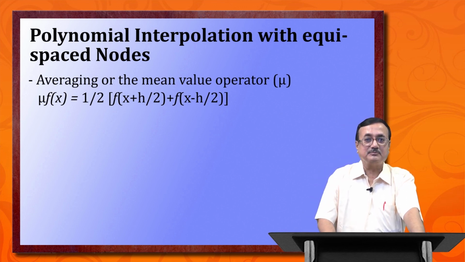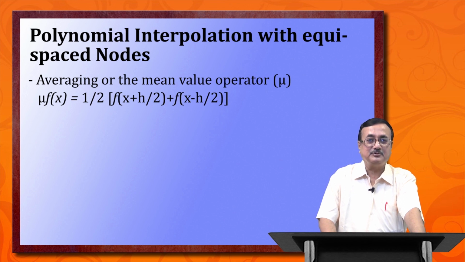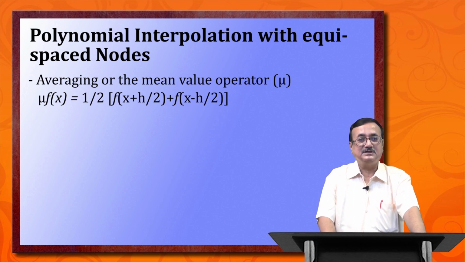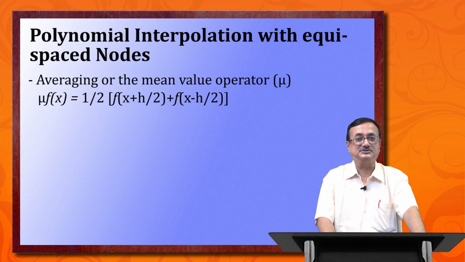So we have just discussed some of the operators, right from the shift operator E, then the forward operator delta, the backward operator nabla, then the averaging operator mu, and the central difference operator delta. There are interrelationships between these operators.